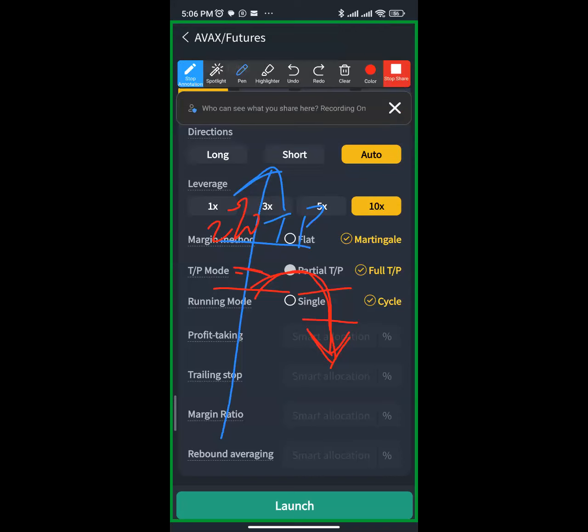It keeps on averaging, taking new orders until a profit level is attained. I can call it a stop loss technique, which means it's not going to hit any stop loss. Rather, it's going to trade with your available balance.